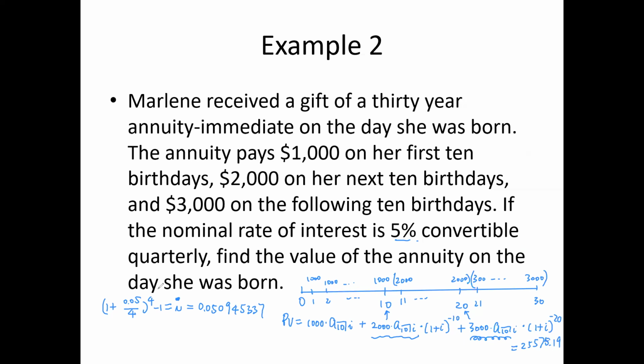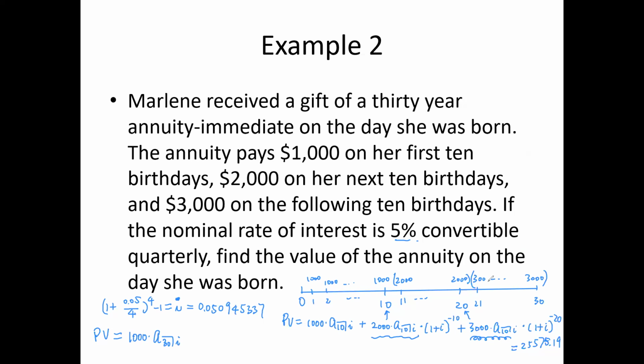Another way of looking at it is very similar, but I break up this 2000 into 1000 plus 1000. So I would have 1000 times a sub 30, because in total you have 30 payments. So the 1000 in the 2000s and in the 3000s are already taken care of.